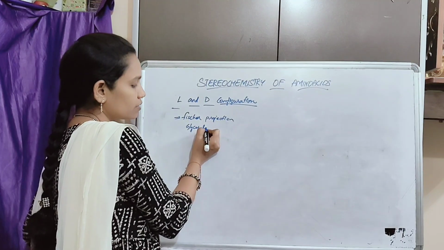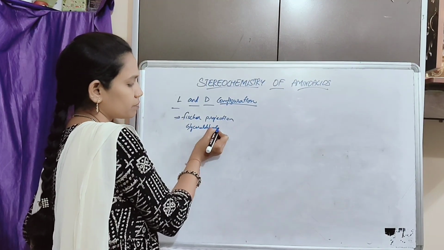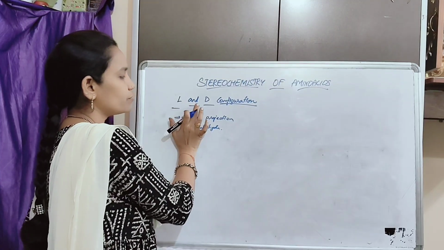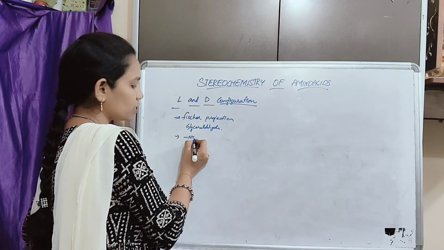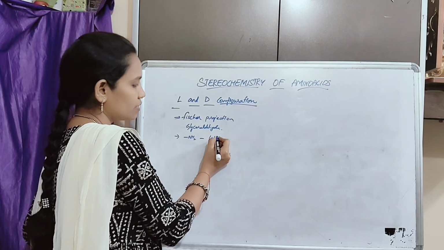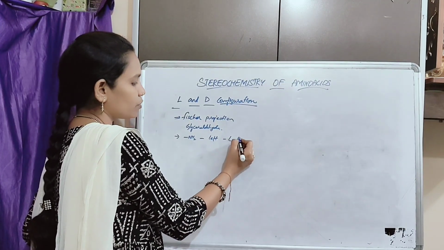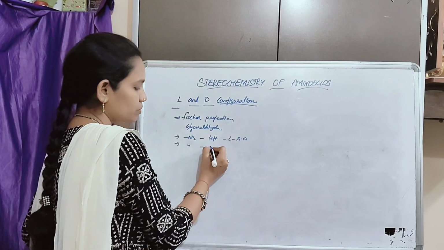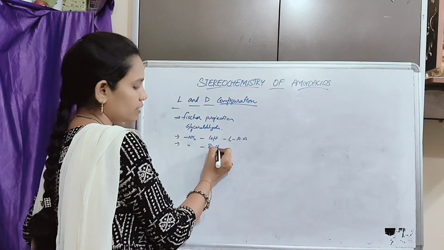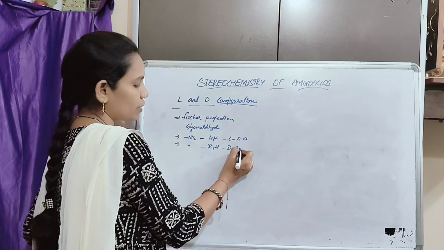This we have seen in the carbohydrates. Now here, how to differentiate L and D configuration? If the amino group is on the left side, then it is L amino acid. If the amino group is on the right side, then it is D amino acid.